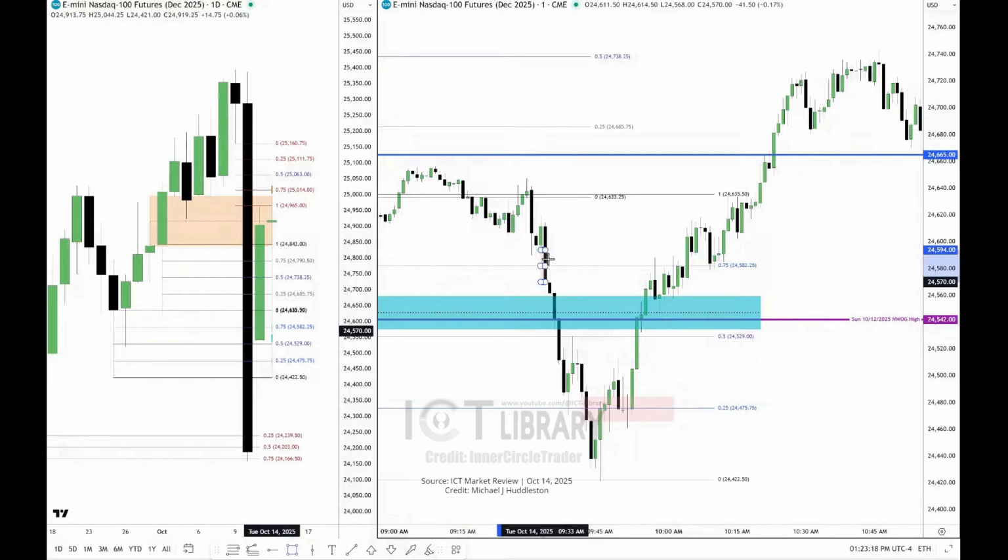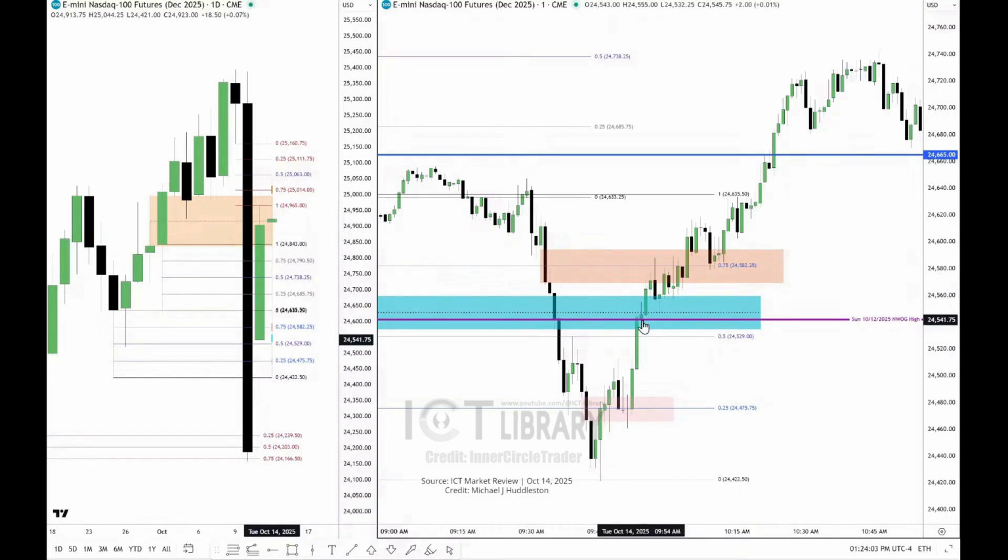Here's the low. You're going to tell me that just so happens to match up with consequent encroachment? And if you don't see it that way, here's your fair value gap laying right on top of the halfway point, or consequent encroachment, of the first percent of fair value gap.